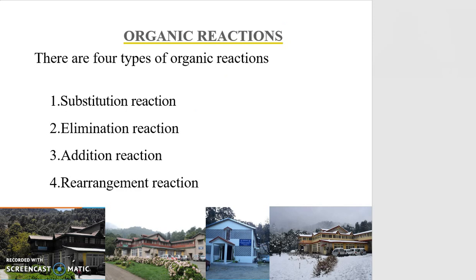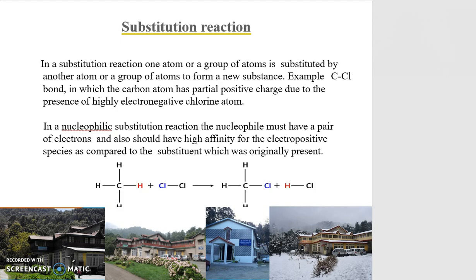Now organic reactions. There are 4 types of organic reactions: substitution reactions, elimination reactions, addition reactions, and rearrangement reactions. So what is a substitution reaction? In substitution reactions, one atom or a group of atoms is substituted by another atom or group of atoms to form a new substance.